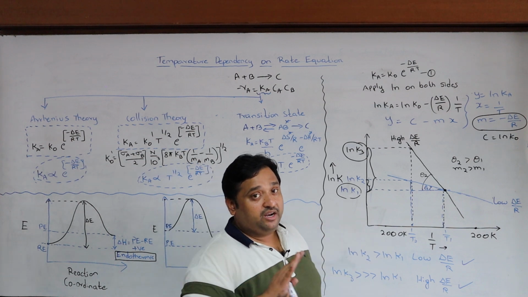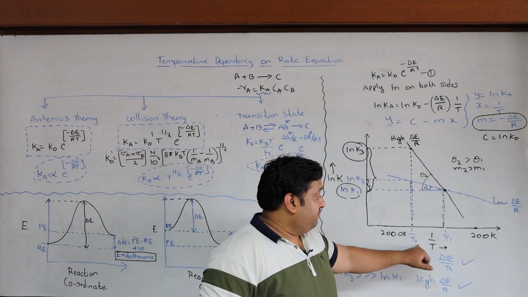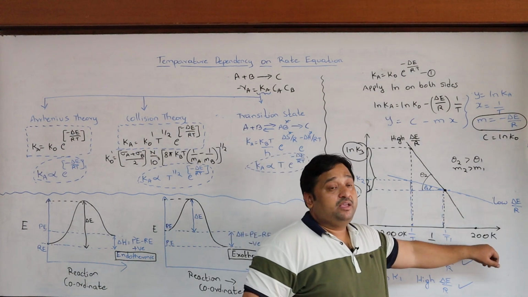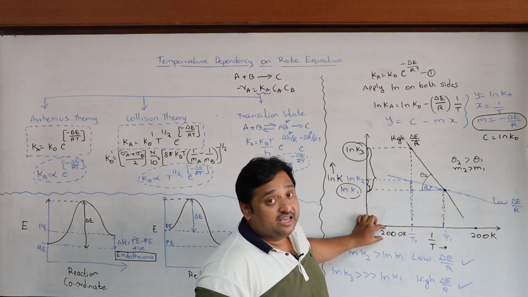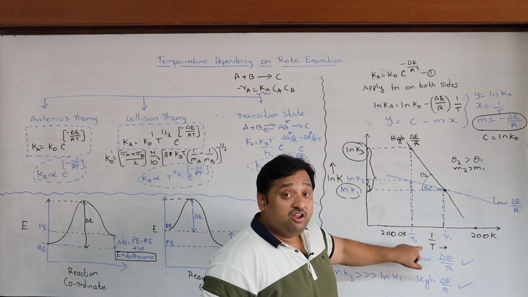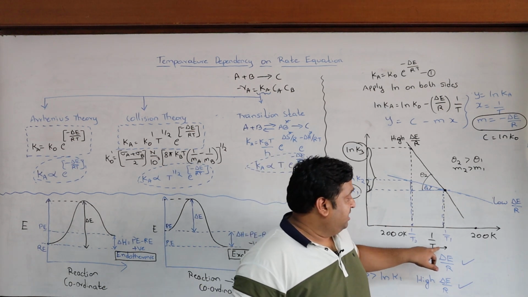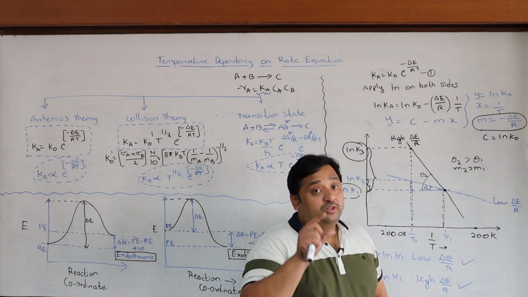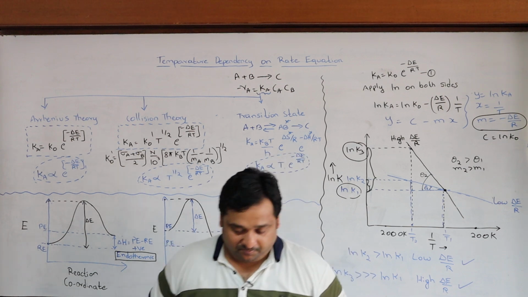Don't get confused, because the higher the temperature, the value will be on this side, and the lower the temperature, on that side. That is why, even though 1 by T is lower, it is shown as 2000 Kelvin here. A lower value of 1 by T means high temperature, and a higher value of 1 by T means low temperature. Let us try to solve a problem.